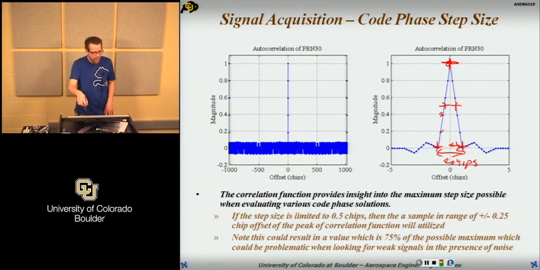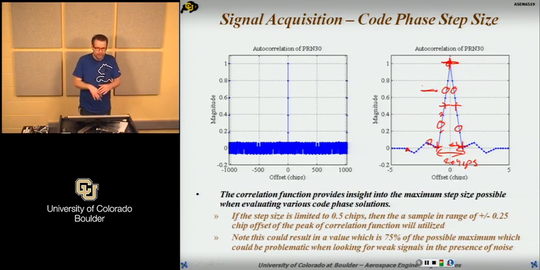If we try half a code phase step, and if we look at the worst case, it's going to be right between here, and keep going on like this. Does that make sense? And if we look at this, I can't draw worth a darn, but still, 0.75, 75% of the max. Does that make sense?